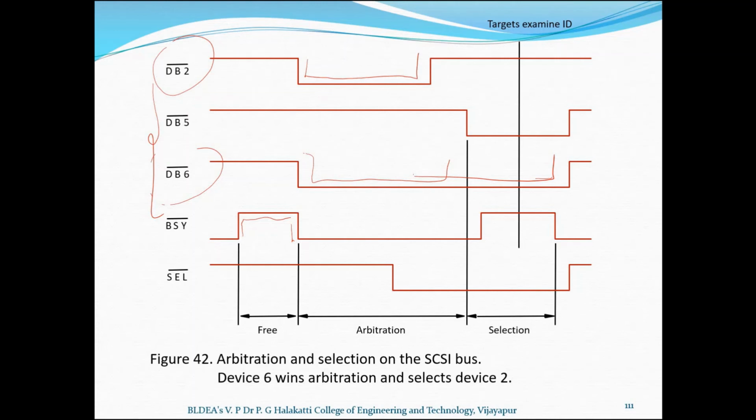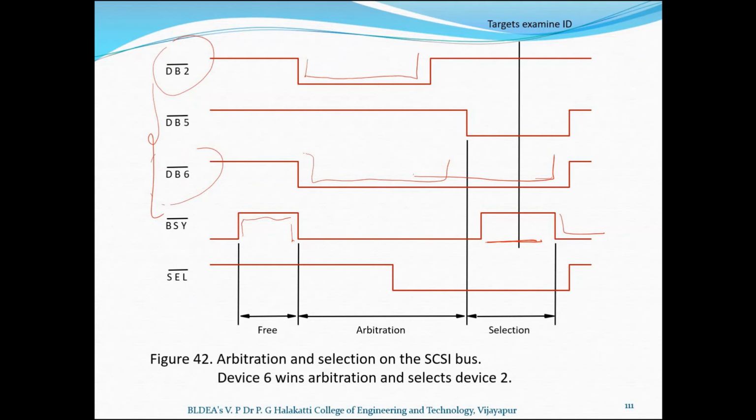Now in the selection phase, after winning the arbitration, controller 6 will assert the bus busy signal. So you can see here it will assert the bus busy signal after the process of selection.